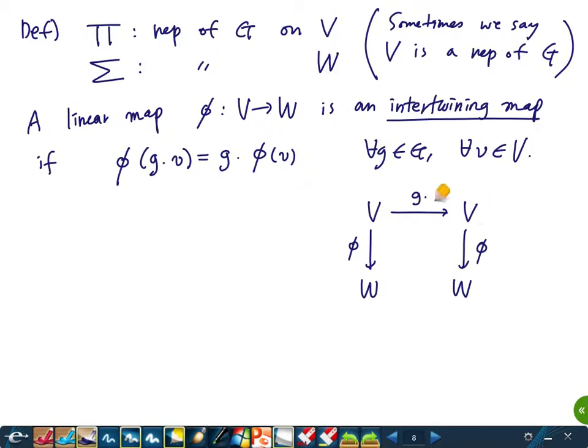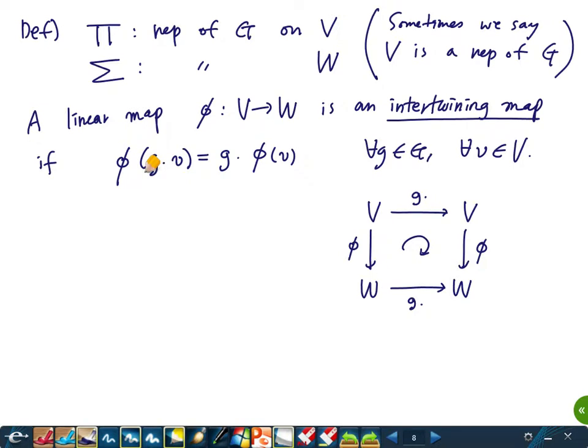So it's going to be a linear map from V to V. Again, this also acts on W. So we have this action, sending an element in W to an element in W. This means this diagram commutes. So you can exchange the order of phi and g.